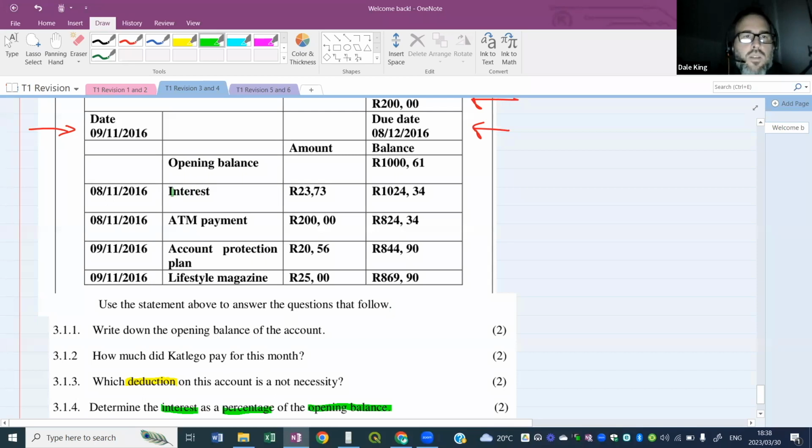Okay, so we see here on the second line, there is interest that is charged. Determine that interest, which is 23.75, as a percentage of the opening balance, which is 1,061. In other words, you pay 23.73. What is that interest payment as a percentage? Because we want to work out how much interest this person is paying on what he's owing.